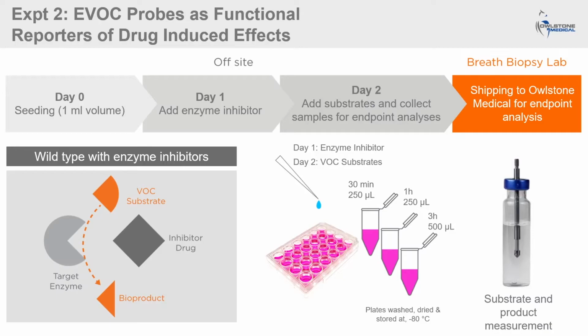As before, we added the VOC substrate we are investigating, collected the different time points and measured the Headspace. Again, in this case, all the cell culture part has been conducted off-site. We took advantage of systems and models that were already established elsewhere.